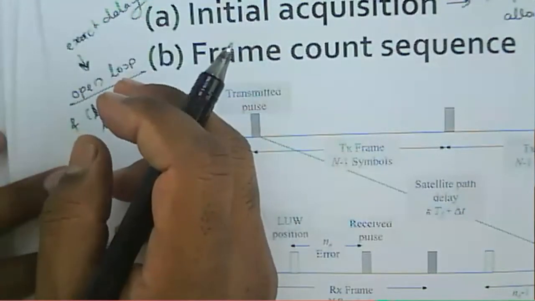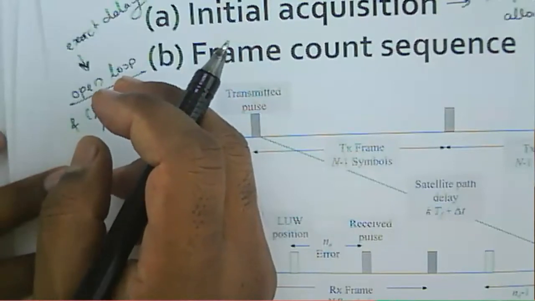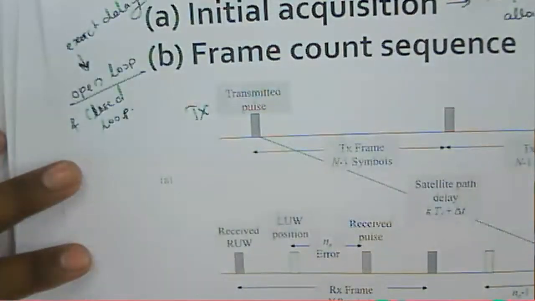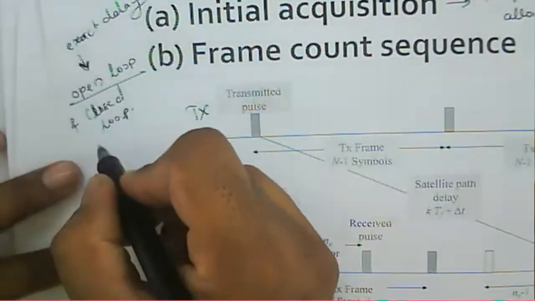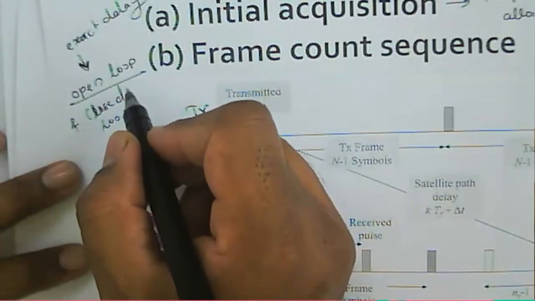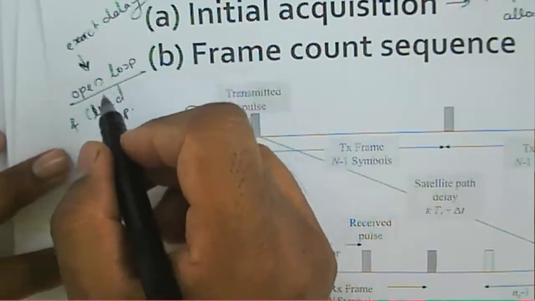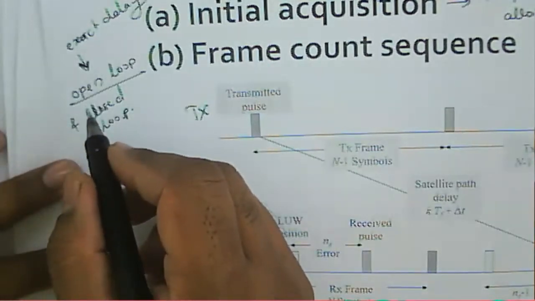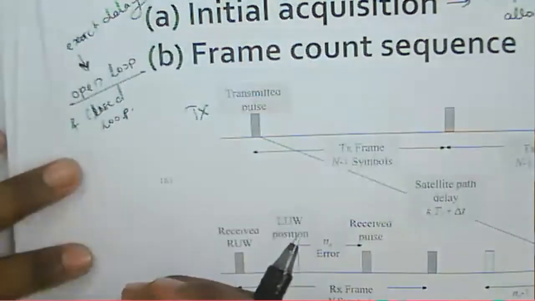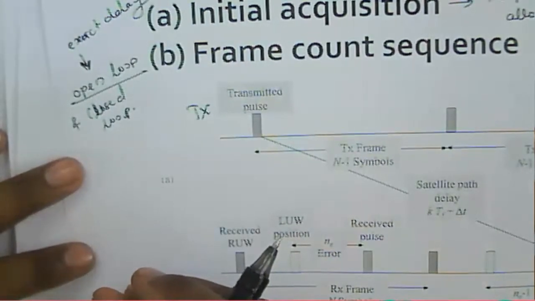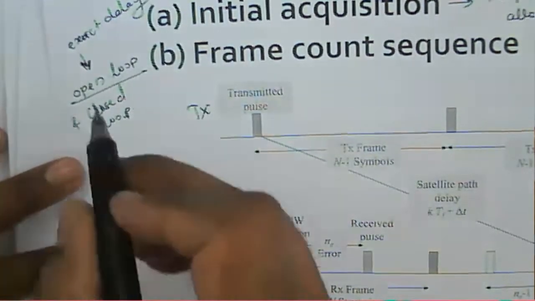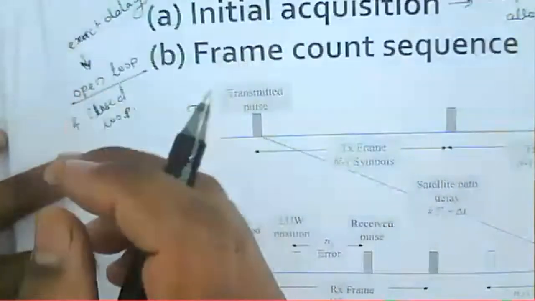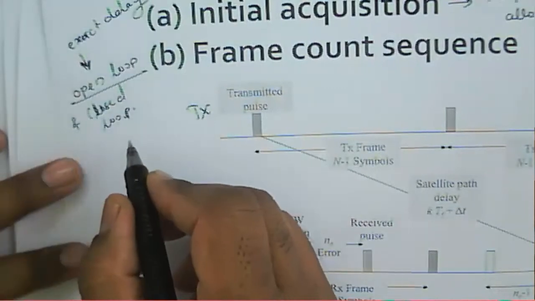So we need to calculate every time what the delay is between the earth station and the transmission, so that the position allocated in that particular frame by this reference station, and the bus located at that particular place, can be determined using the reference station.